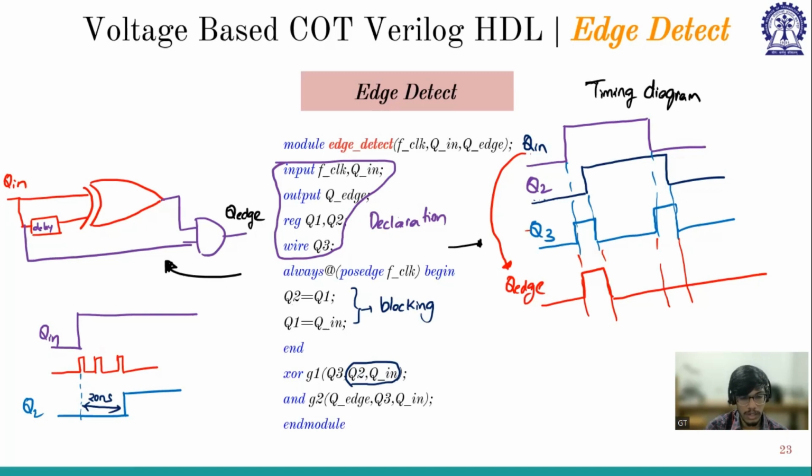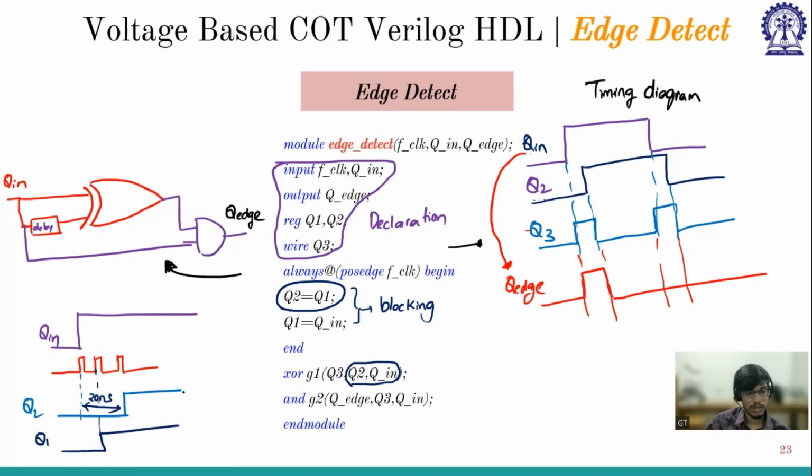Sure. At the first positive edge of the clock, Q2 is becoming Q1. Q1 is being assigned to Q2. Will Q in not be assigned to Q1 in the first positive edge of the clock itself? No. So if I draw Q1 also, so this is Q1.